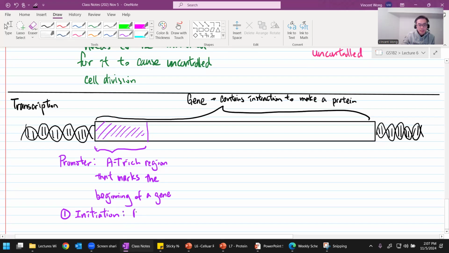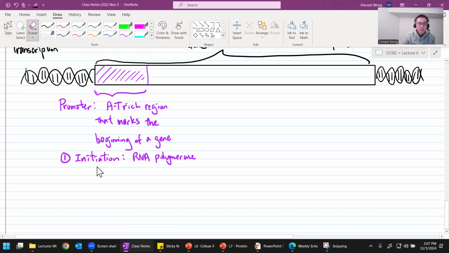So the enzyme RNA polymerase, because we're building RNA in transcription, binds to the promoter and unzips the DNA. That's the first step.